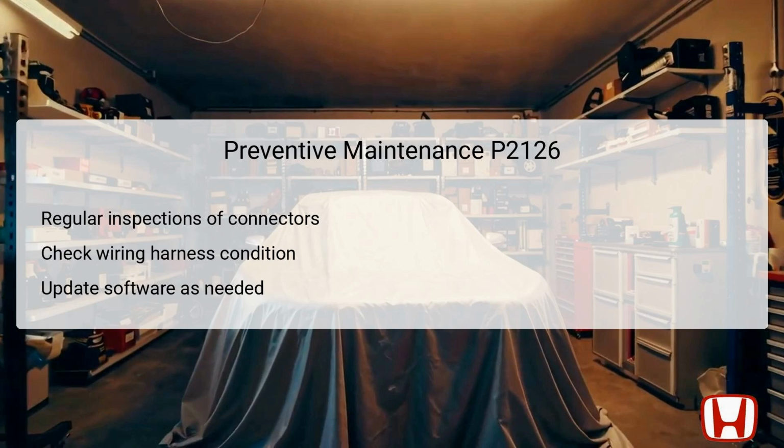Additionally, ensure that all connections are tight and secure, avoiding issues related to loose terminals that could lead to intermittent faults. Keeping the software of the PCM updated is also recommended to ensure optimal performance and error handling. These proactive measures will ensure longevity and reliability from your Honda Pilot's performance components.